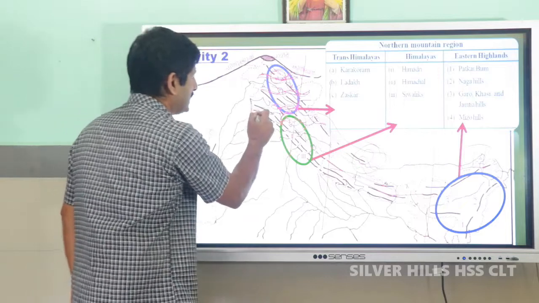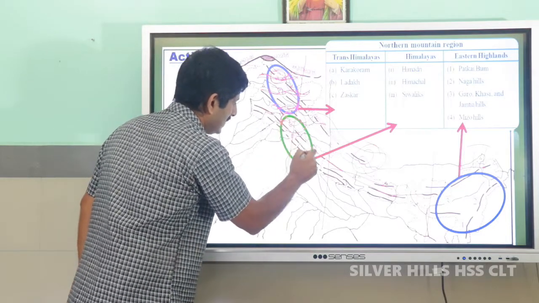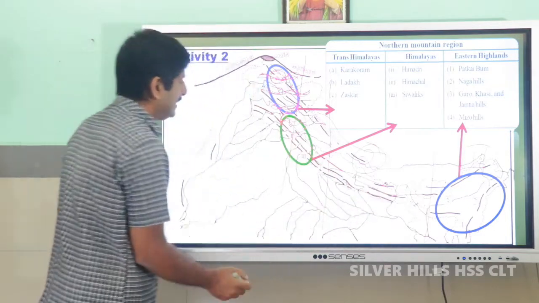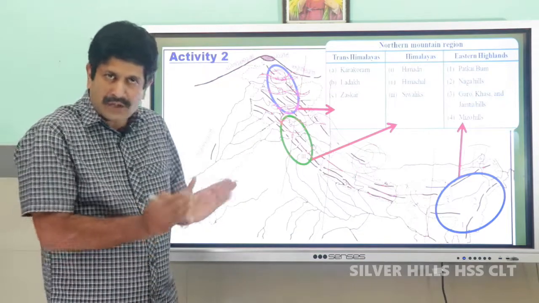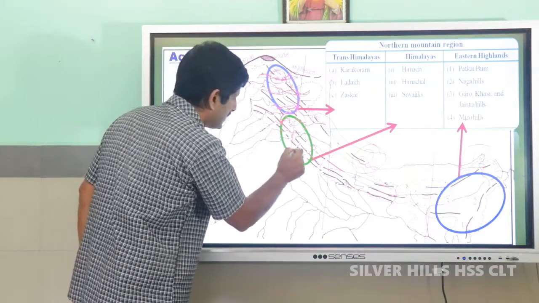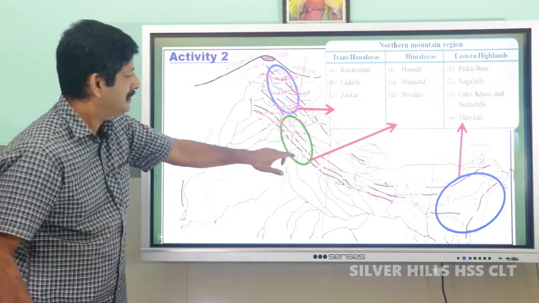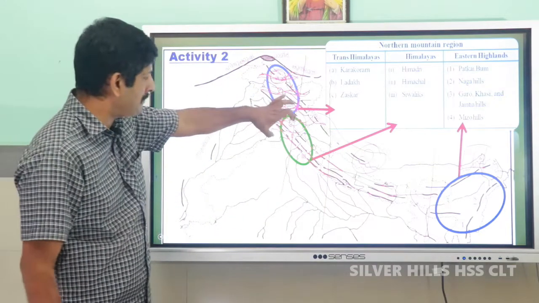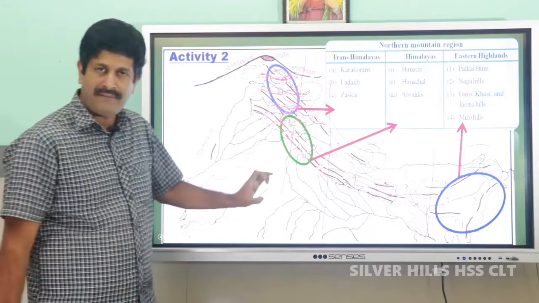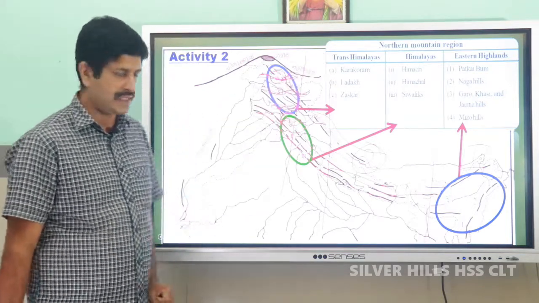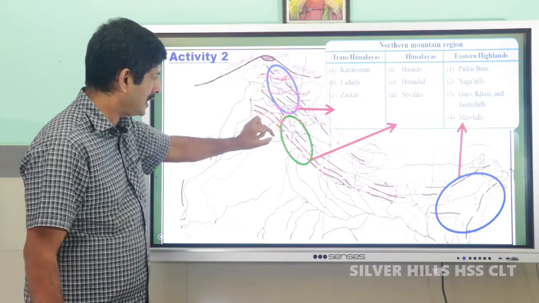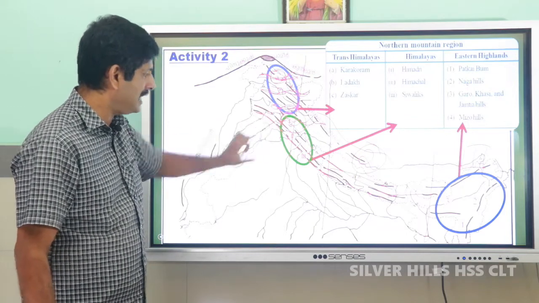The second one is the Himachal, and nearest to India, it is called the Shivaliks. We call it Shivalik. These are the 3 important mountain ranges when we are talking about Himalayas: Himadri, Himachal and Shivalik.